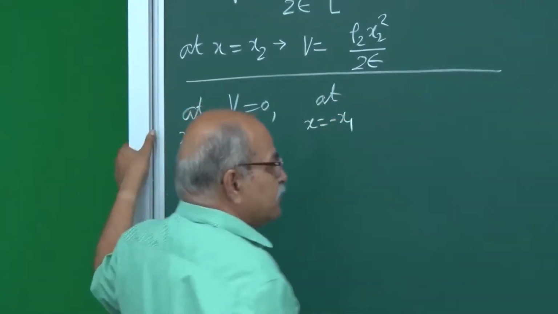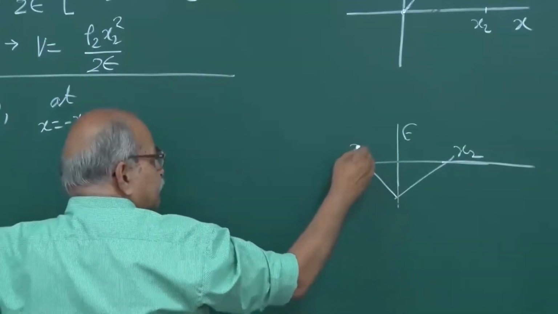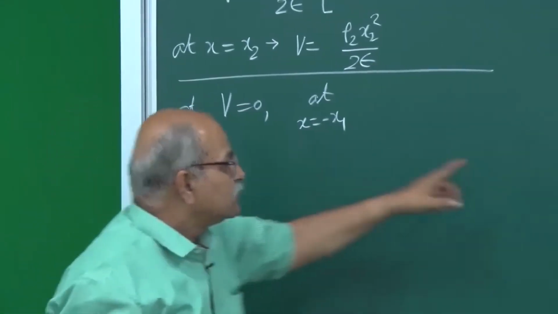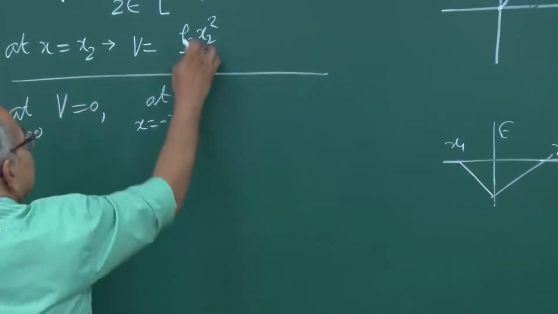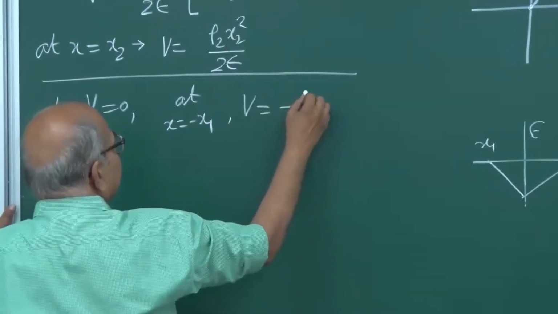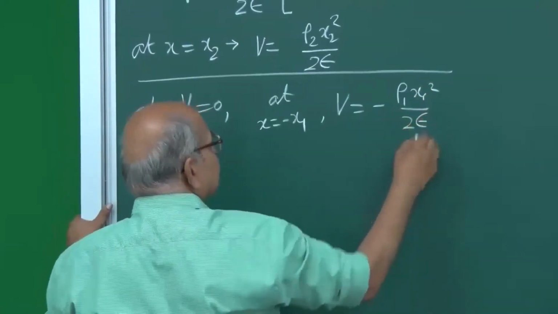It should be quadratic. Remember, the electric field is just of this kind, so linear, so it has to be quadratic, and at this point, we can take the similar expression from here, v is minus rho 1 x1 square by 2 epsilon.